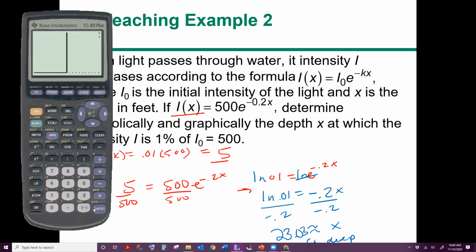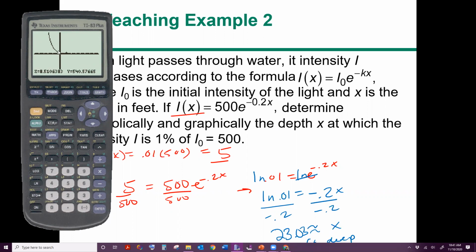Let the calculator do some work. Sometimes zoom fit goes way too far in, so it's all right. I'm going to zoom out a little bit. I move my little spider, and I can infer that it's somewhere over there. Somewhere in here, these two intersect.